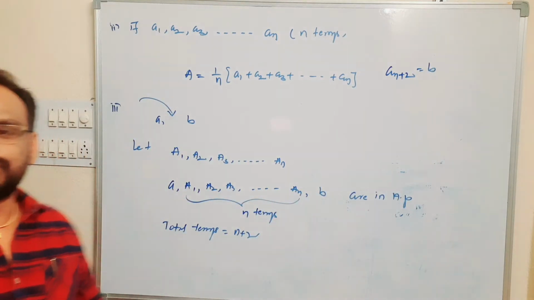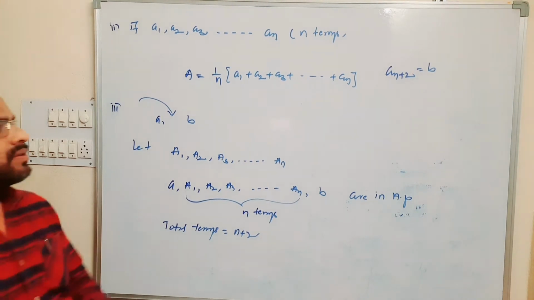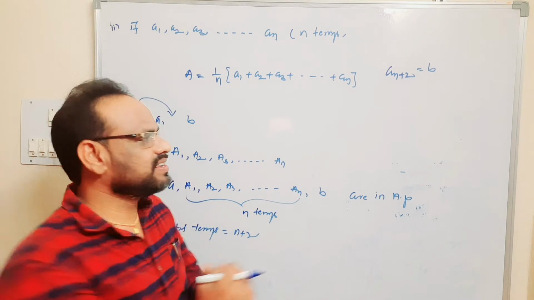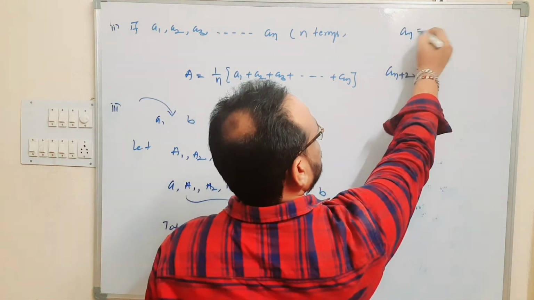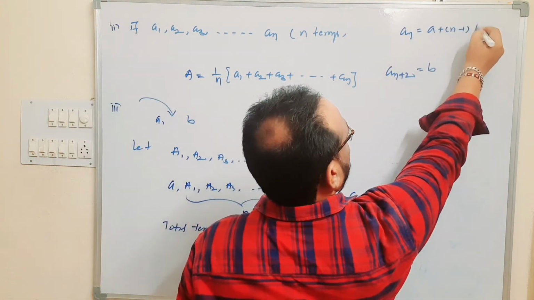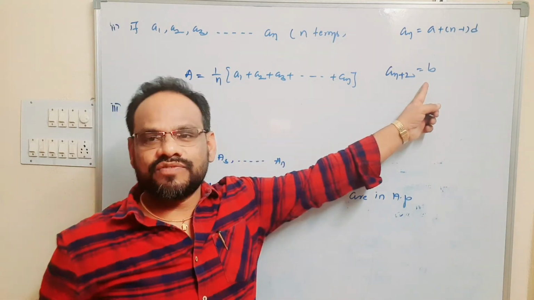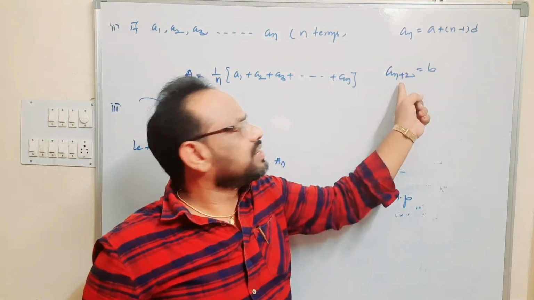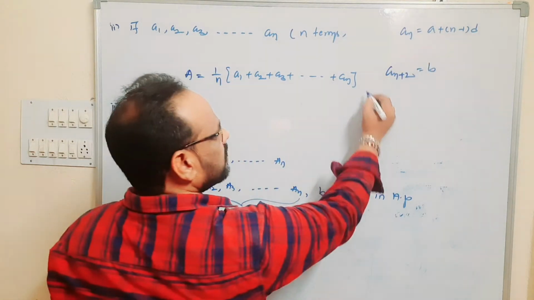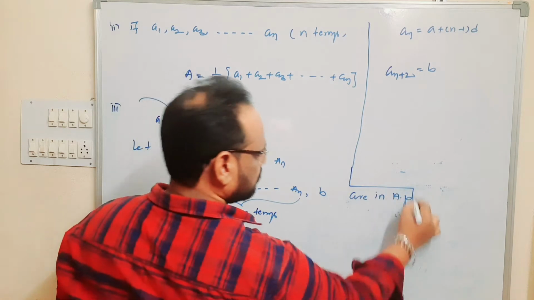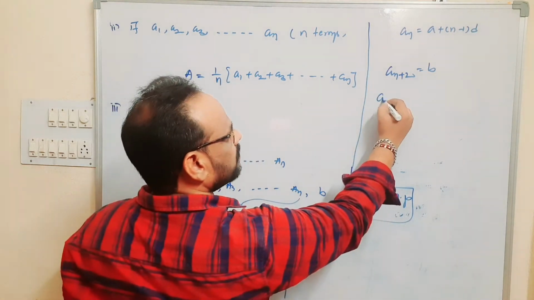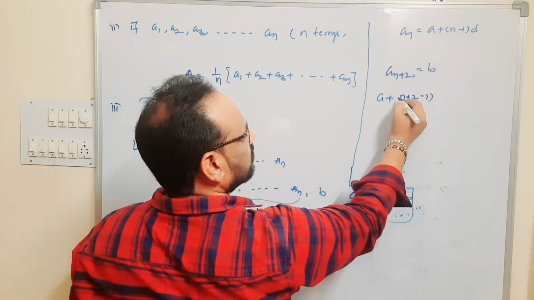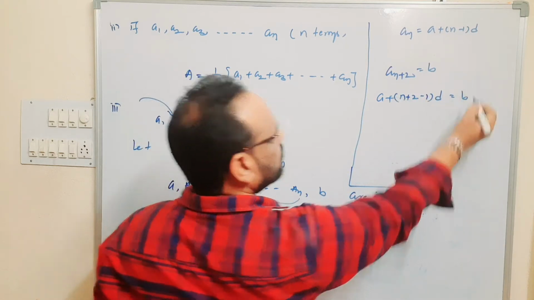We know that the nth term in an arithmetic progression is an equals a plus n minus 1 into d. Here the position of b is the n plus 2th term, so in the value of n, substitute n plus 2. So a plus n plus 2 minus 1 into d is equal to b.